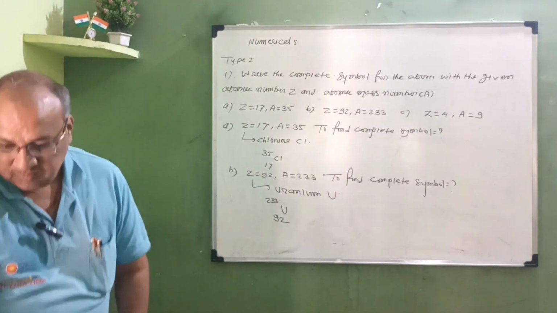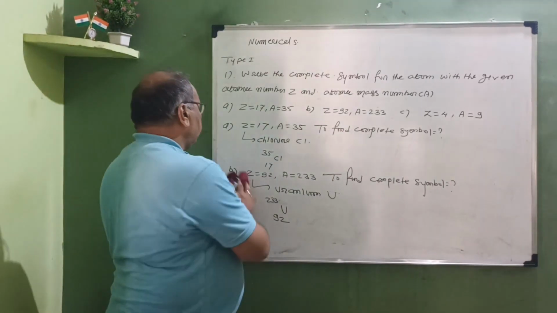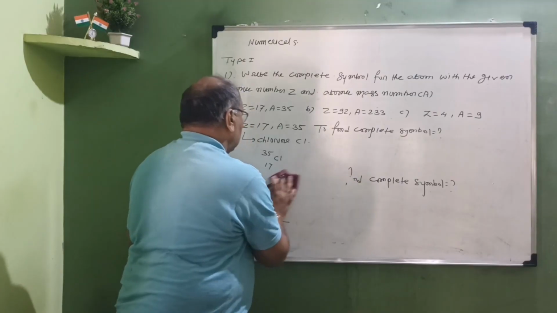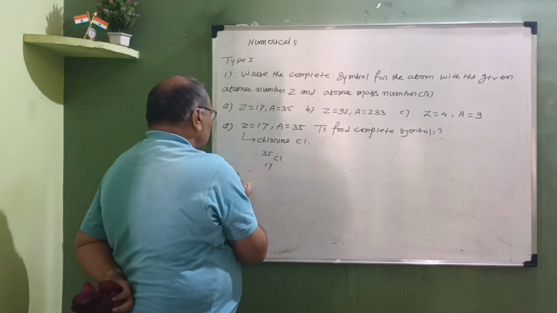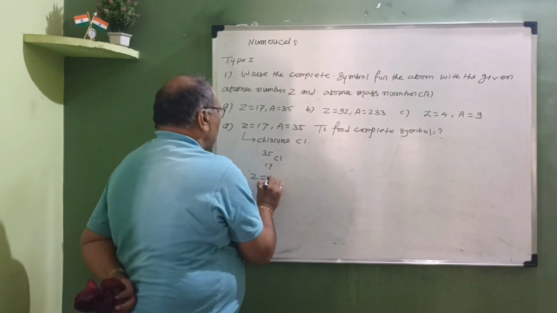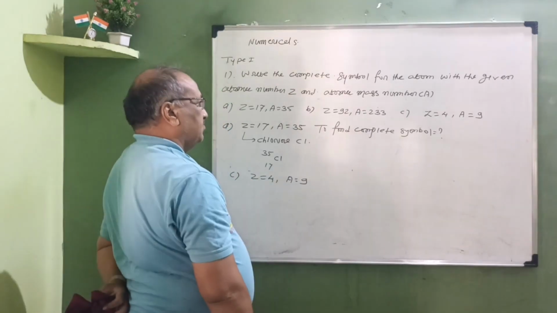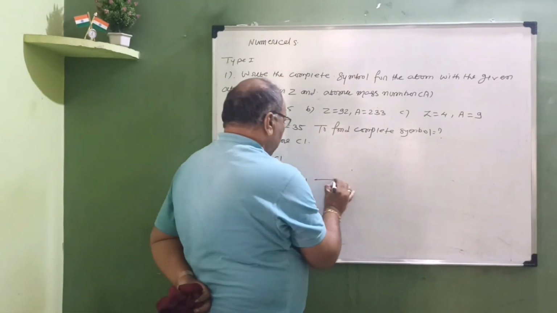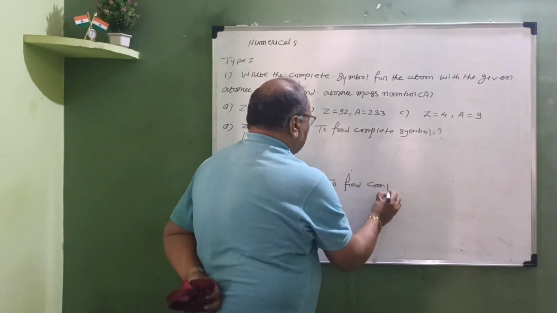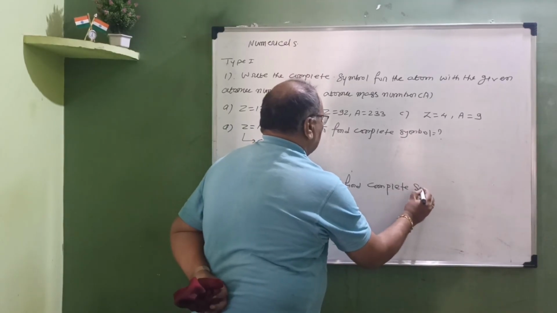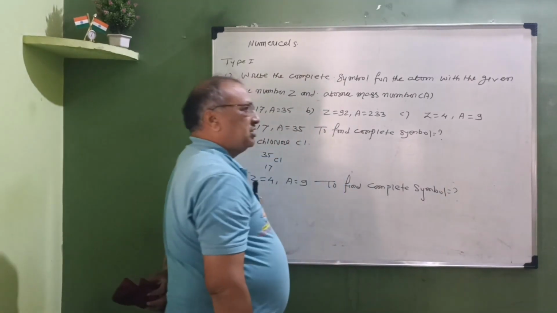Third, Z is equal to 4 and A is equal to 9, to find complete symbol is equal to question mark.